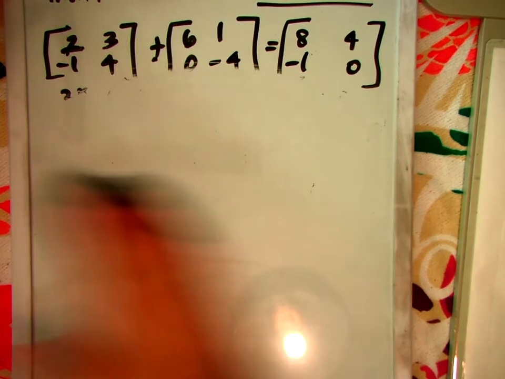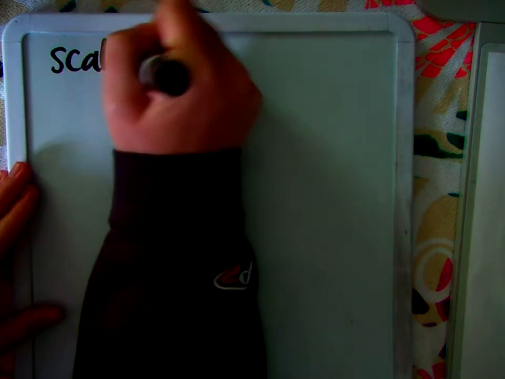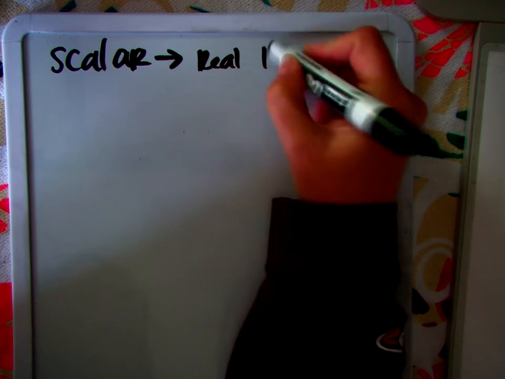Now I want to go back to a word that you learned in your last unit with vectors. We're going to talk about scalar multiplication. If you remember what a scalar is, it's just a real number.